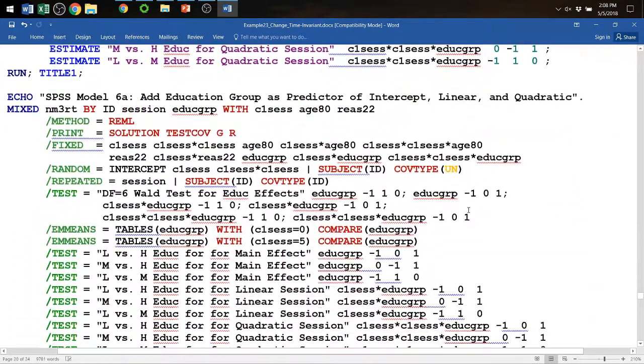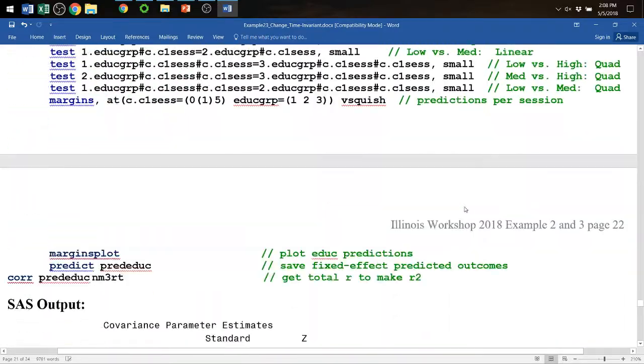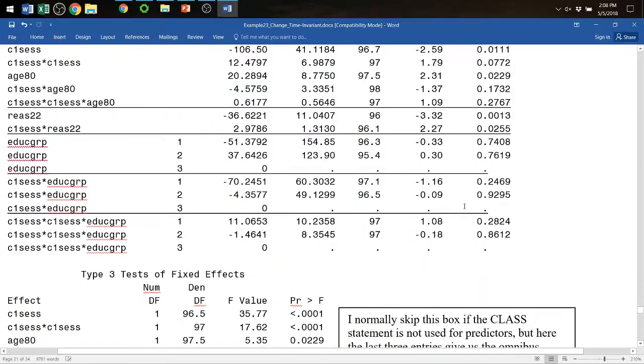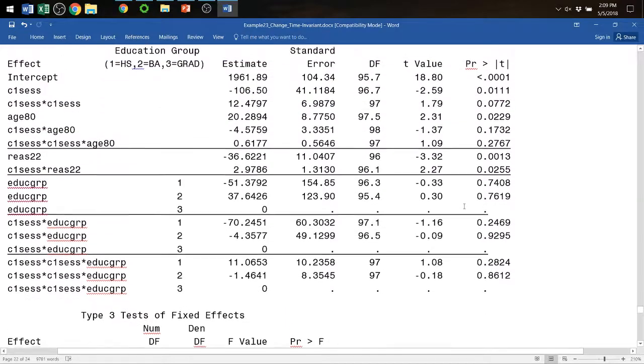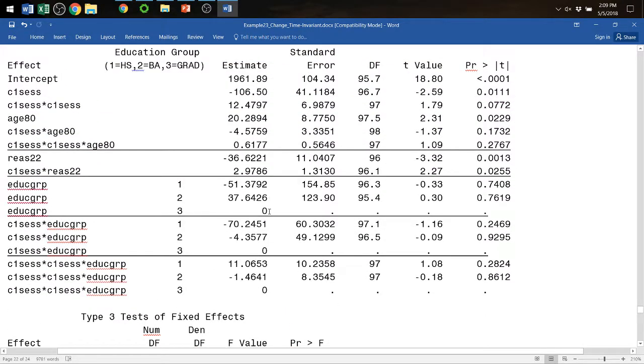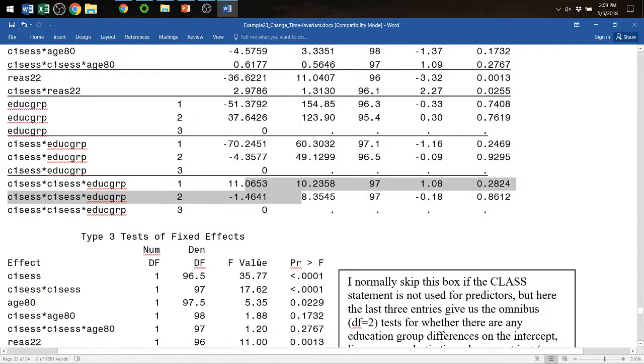So here's an example then with group. As it turns out, education does not matter. So group 3 is the reference. I get the difference between group 3 and group 2 and group 1 for the intercept, for the linear slope, for the quadratic slope.